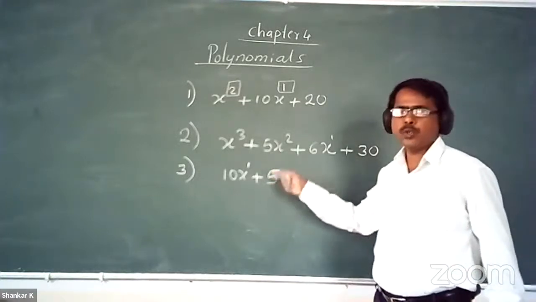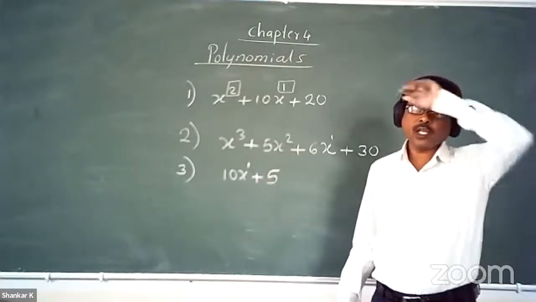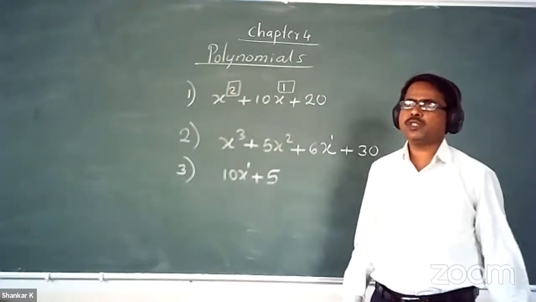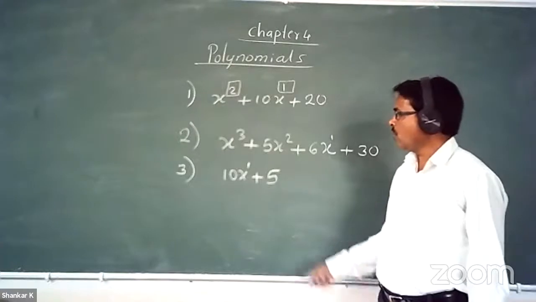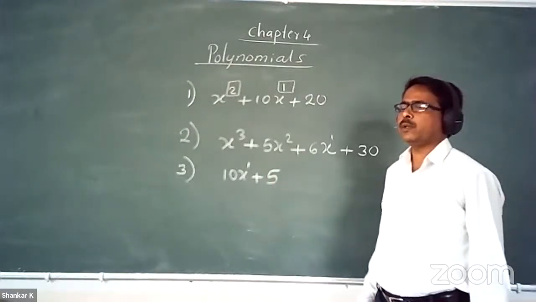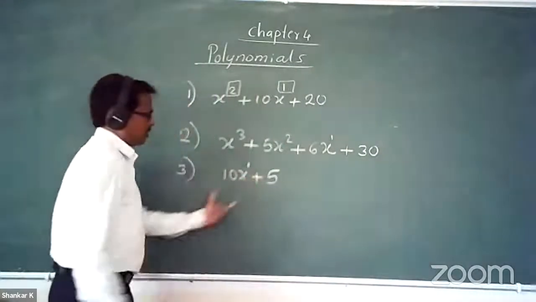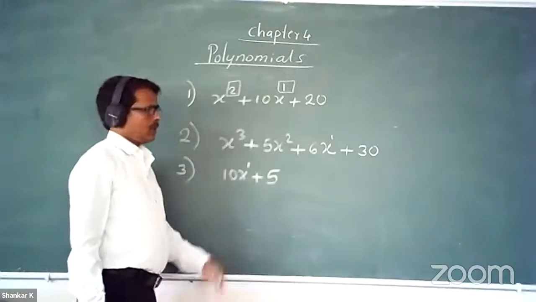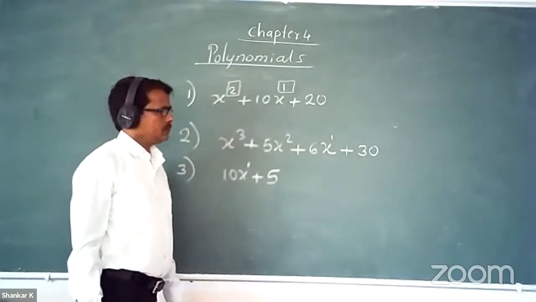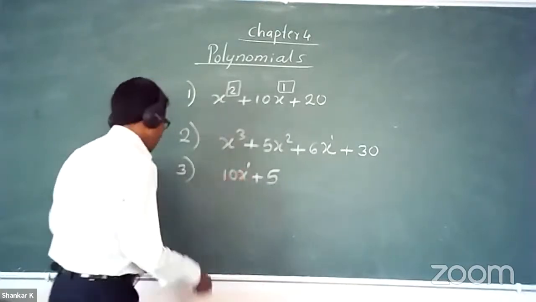And a polynomial which has 2 terms is called a binomial. In the previous class we studied monomial, binomial like that. Now we have understood what a polynomial is. Then we are telling what is binomial, trinomial. This is a binomial because it has 2 terms. A polynomial which has 2 terms is a binomial.